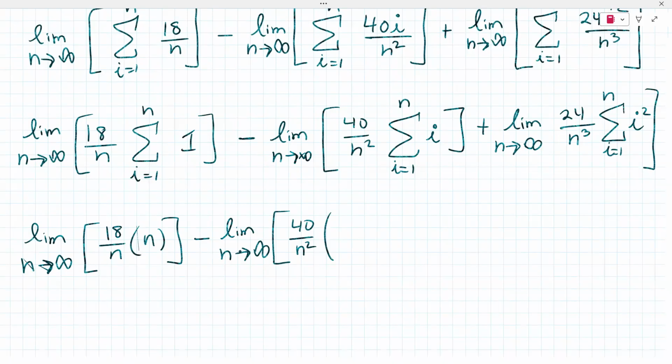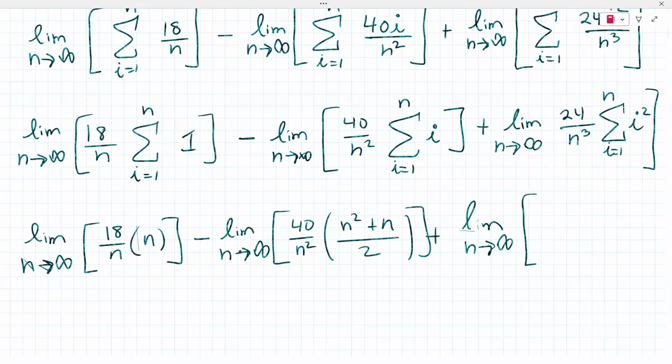Okay, so we said that the sum of i can be expressed as n squared plus n over 2, plus the limit as n approaches infinity of 24 over n cubed, and then we can replace the sum of i squared with 2n cubed plus 3n squared plus n over 6.